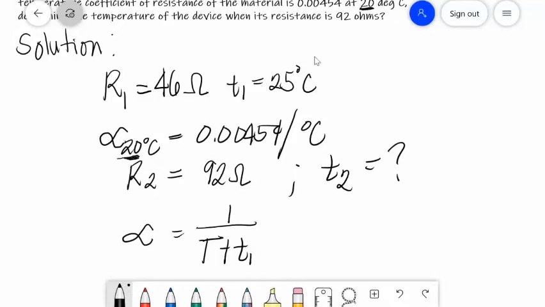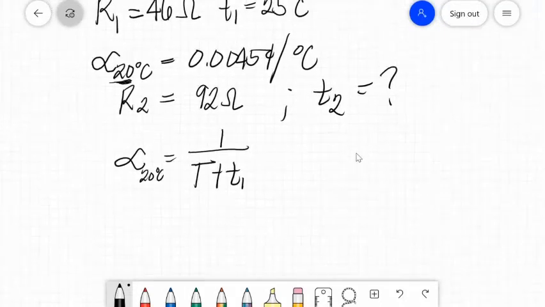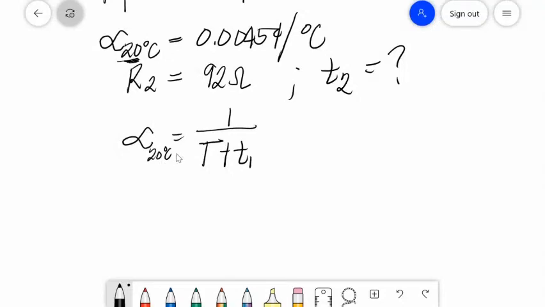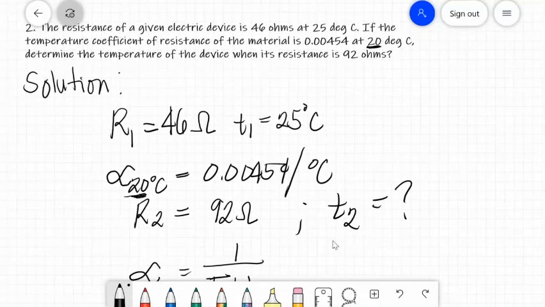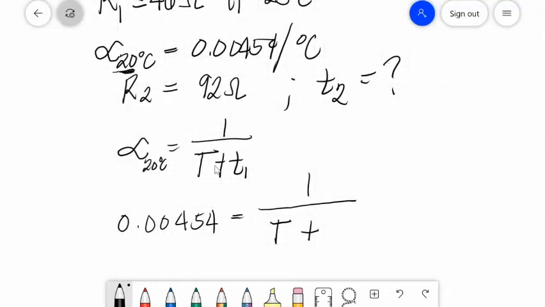First, this is 20 degrees. We will get the value of the inferred absolute temperature at 25 degrees Celsius. Given alpha at 20 degrees, that is 0.00454 equal to 1 all over T plus the temperature in your temperature coefficient of resistance, so that is 20 degrees Celsius.